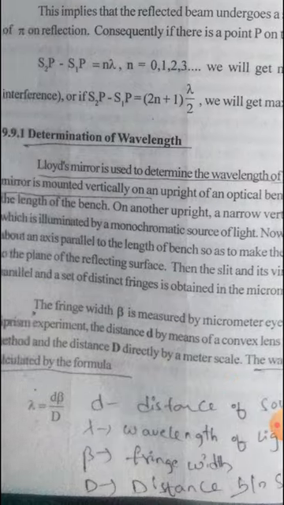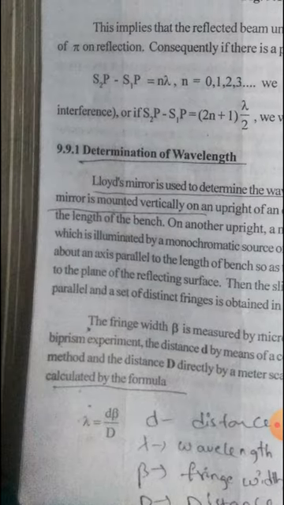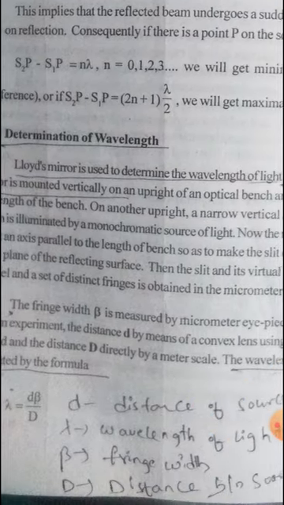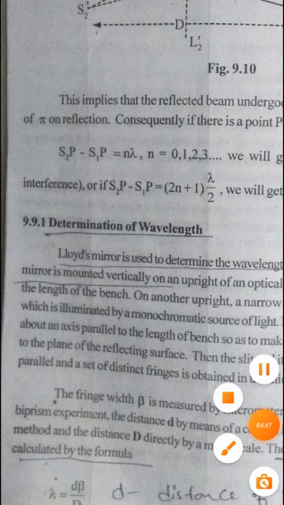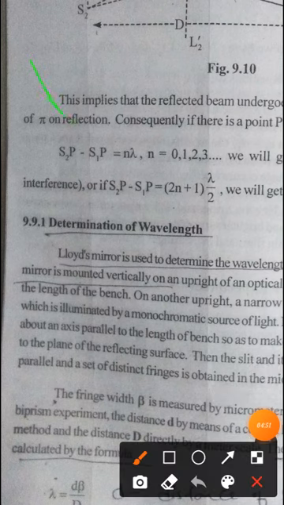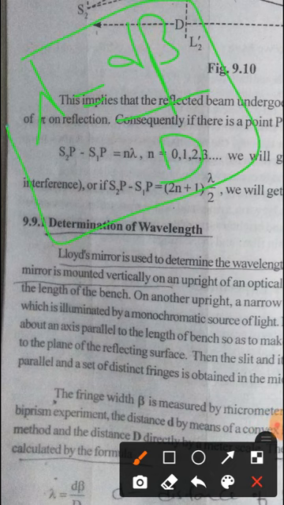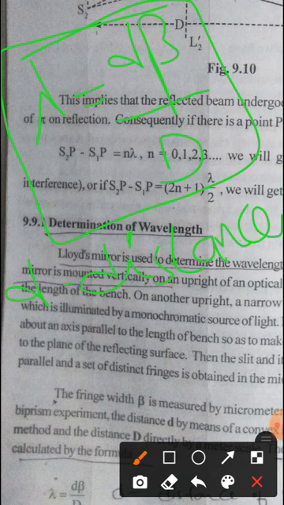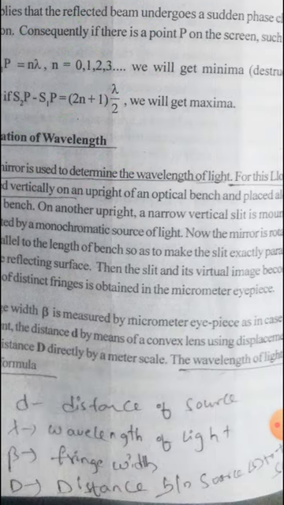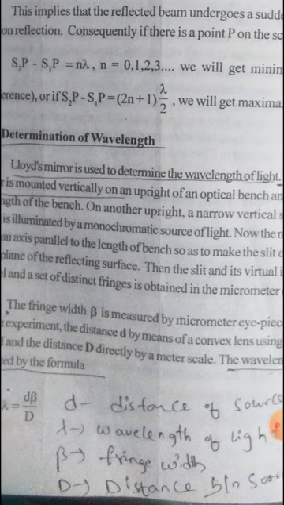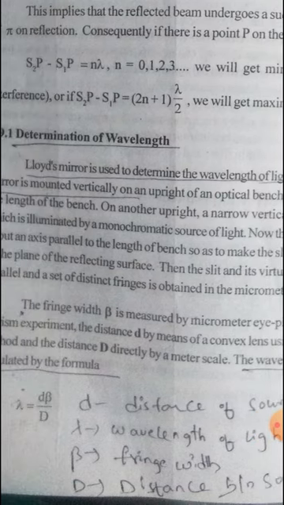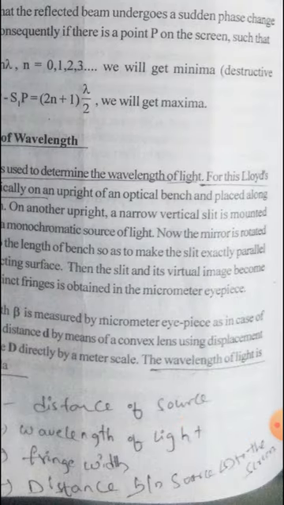Here d is the distance of the source. This is the formula which is given by Lloyd to determine the wavelength of light, where d is the distance of the source, lambda is the wavelength of the light, beta is the fringe width, and capital D is the distance between the source and the screen.